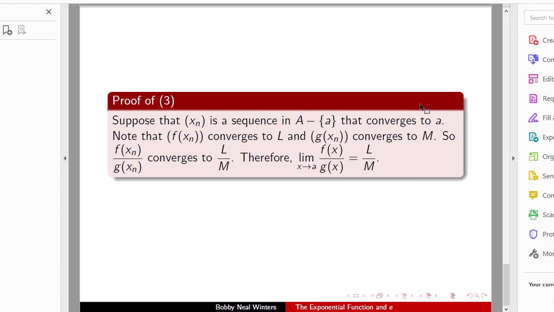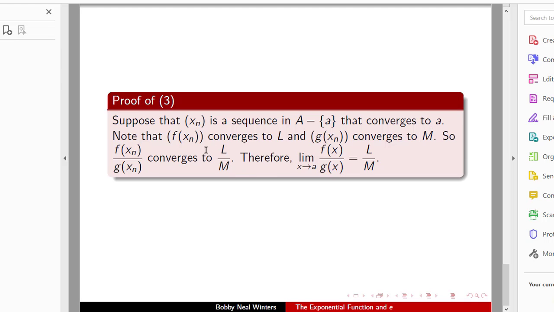Okay, so proving number 3 here. The others will go similar. Suppose that x_n is a sequence in A minus the point a that converges to the point a. Note that f of x_n converges to L, and g of x_n converges to m.